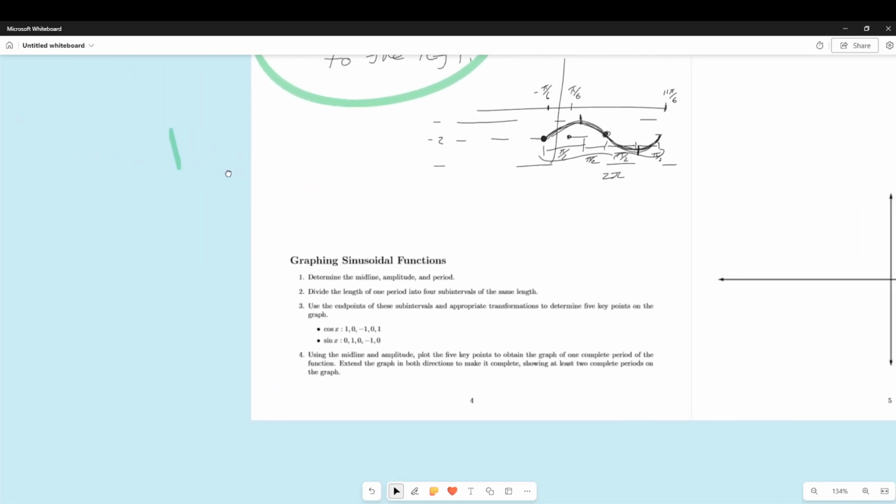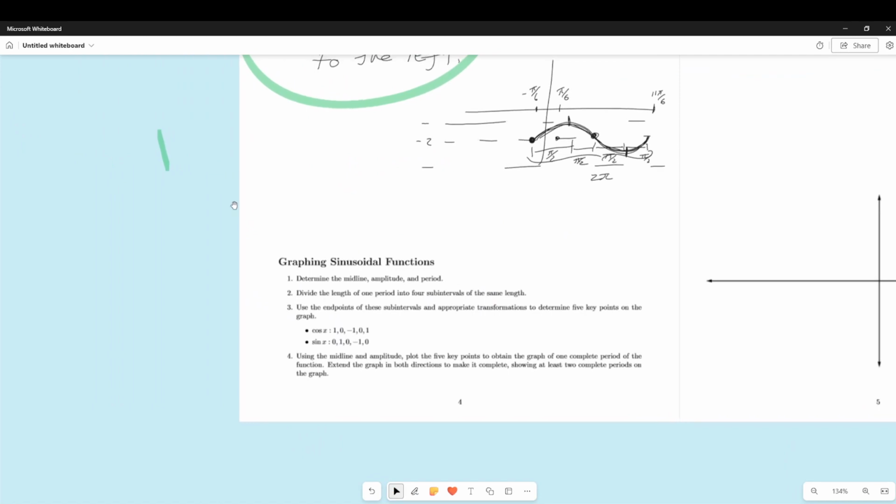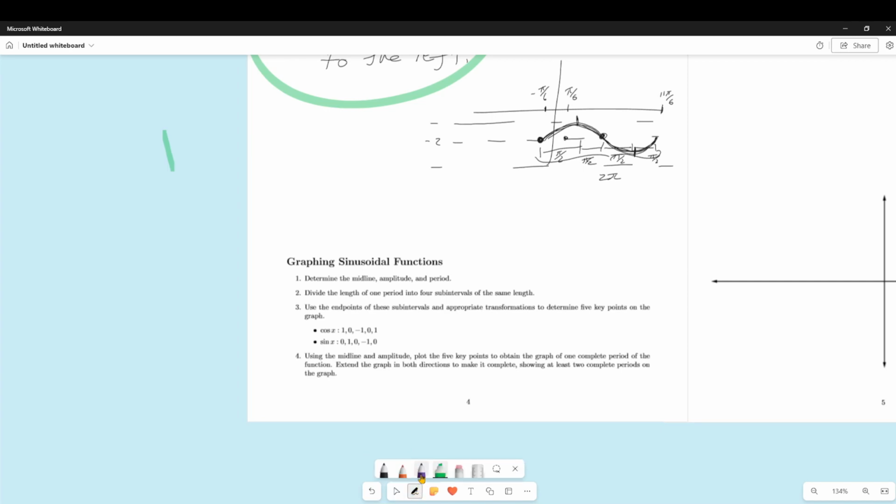Graphing sinusoidal functions. How to. So, determine midline, amplitude and period. Divide the length of one period into 4 subintervals. That's what I was doing down here. Take that period and divide it by 4. And again, in this case, it was 2 pi divided by 4, so pi over 2.